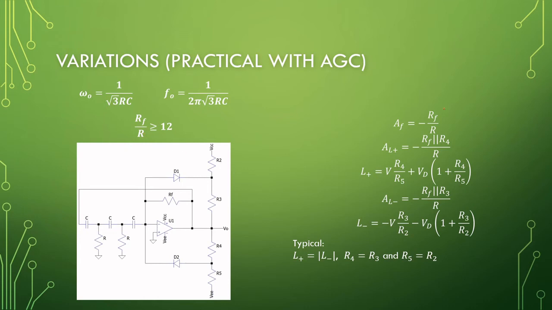So the automatic gain control is the inverting kind, so no funny things that you should do with the equations like with the Wien bridge oscillator to get things to work out. And if you have no idea about the non-linear gain control, go and watch the video on that.